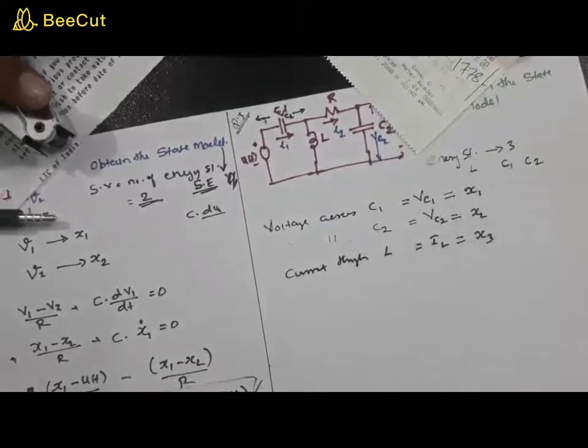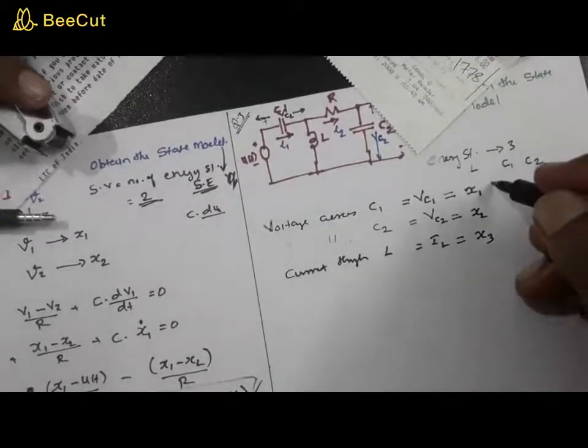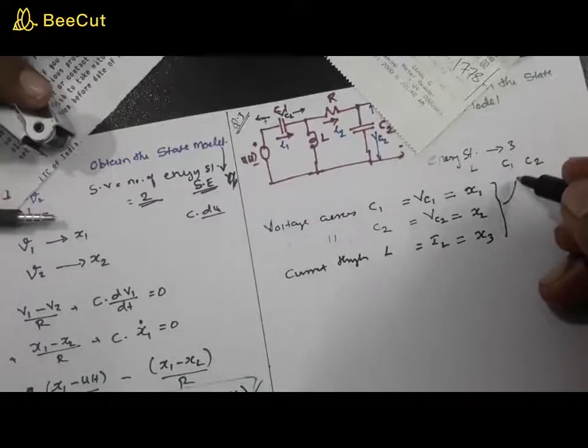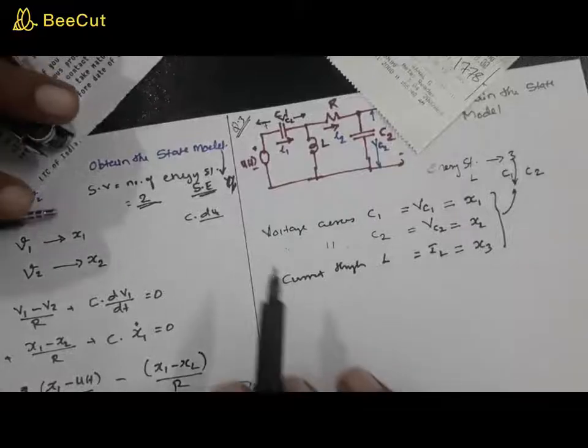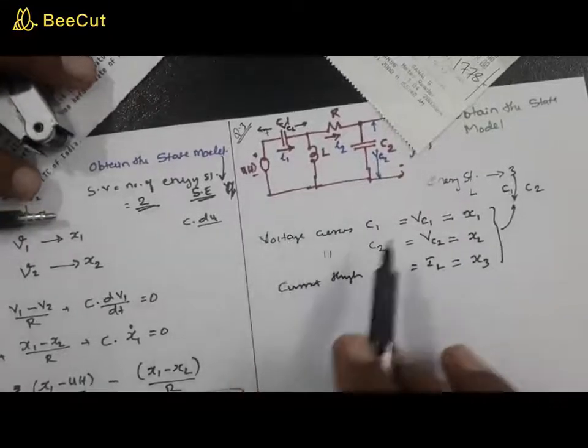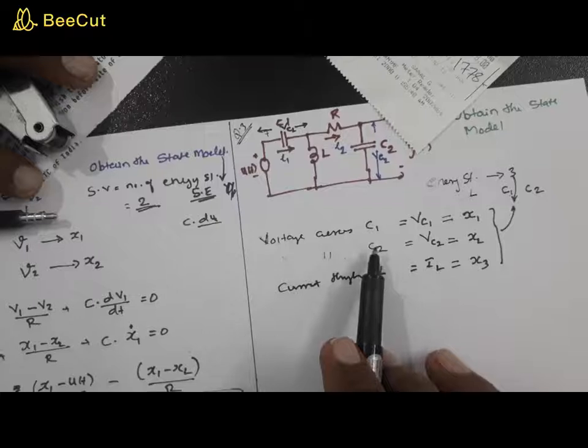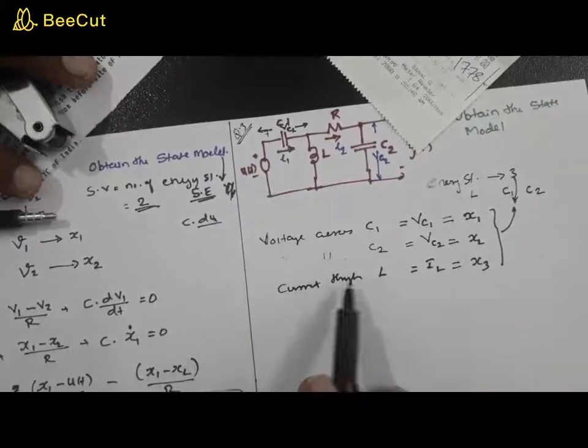So altogether you have 3 state variables. So the number of state variables is equal to the number of energy storing elements.